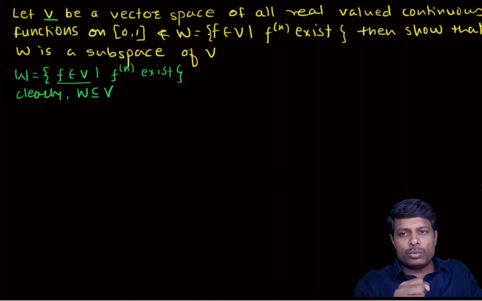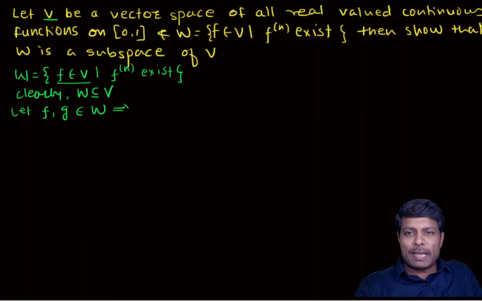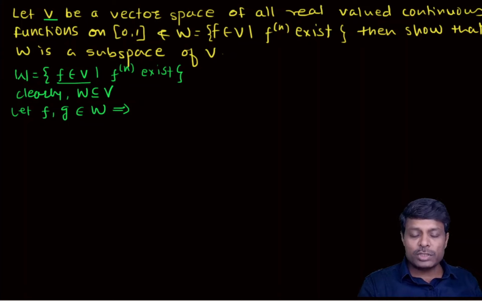And now we have to check only the condition for the subspace. So for that we need two elements from W. So let f and g belong to W. It implies that, what is the condition? If f and g are members of W, it means that both f and g are real valued functions, both are continuous on the closed interval 0 to 1, and their nth derivatives exist.